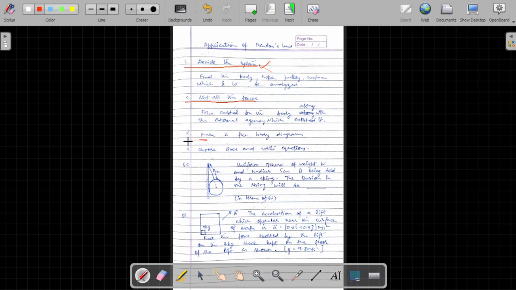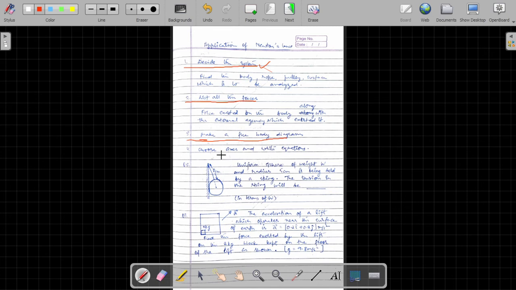The third step in solving a question is going to be making a free body diagram. What do we mean in a free body diagram? We mean that when a body is drawn, we will be separating that body from the neighborhood of all the ropes, surfaces, and pulleys in the neighborhood of the block.